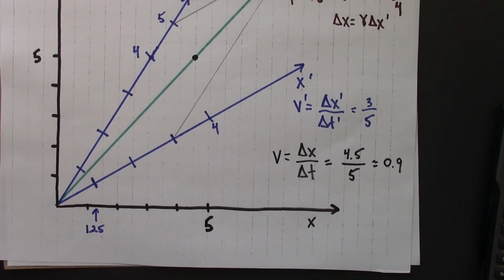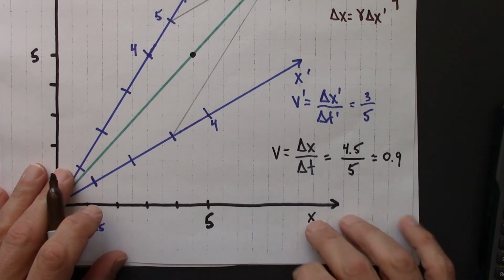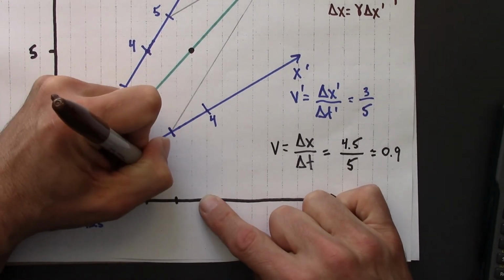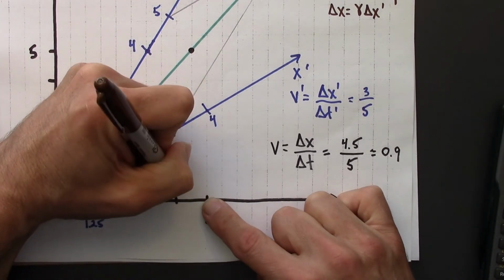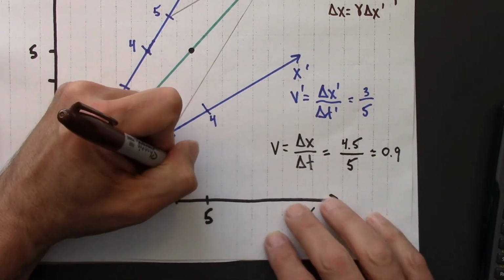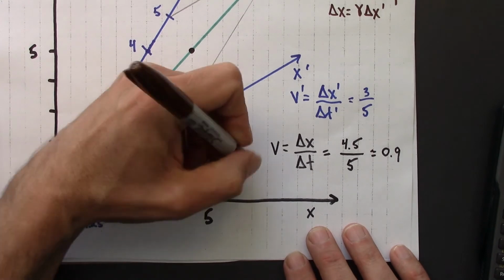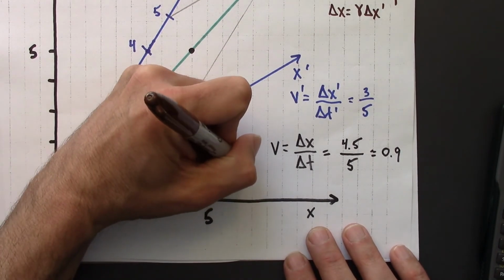So let me just end by writing this conclusion in a sort of like what we've seen: a velocity of 3/5 in a frame that's moving at 3/5 gives a velocity that's about 0.9.